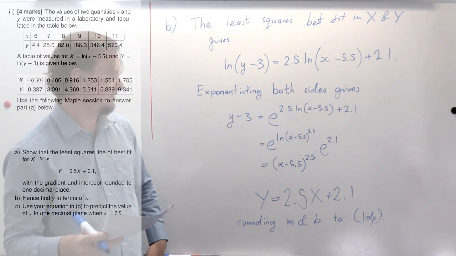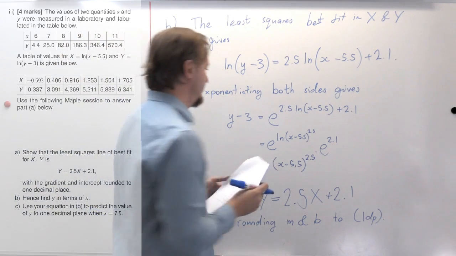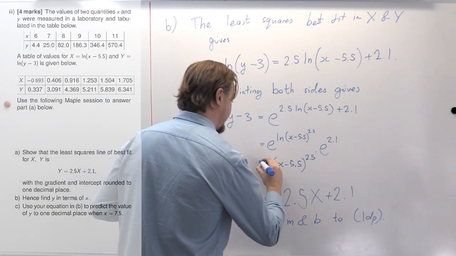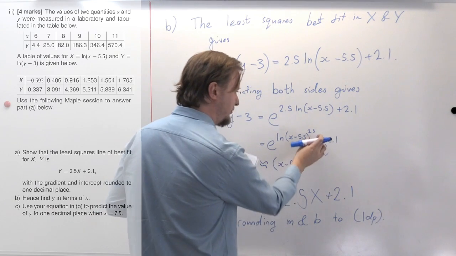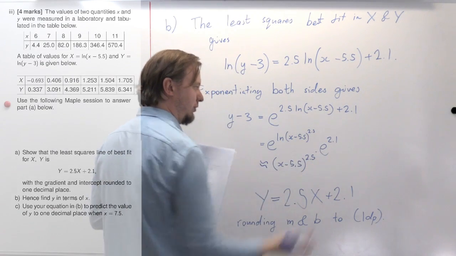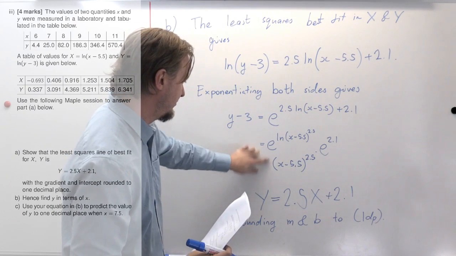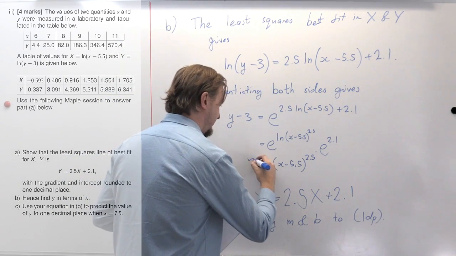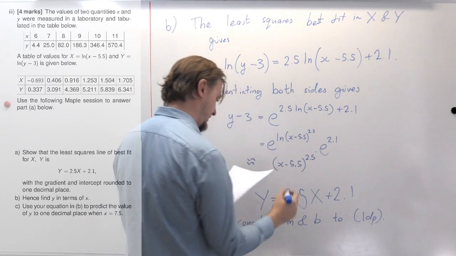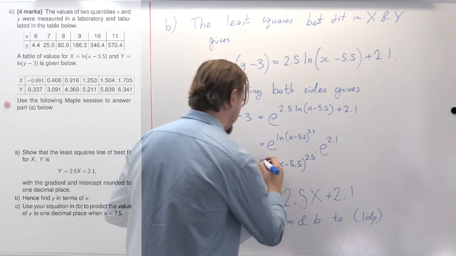So according to this, I'm just going to do an approximation, because again, these numbers, 2.5 and 2.1, were found by approximating. So I'm just going to say that e to the 2.1 is approximately 8.2.